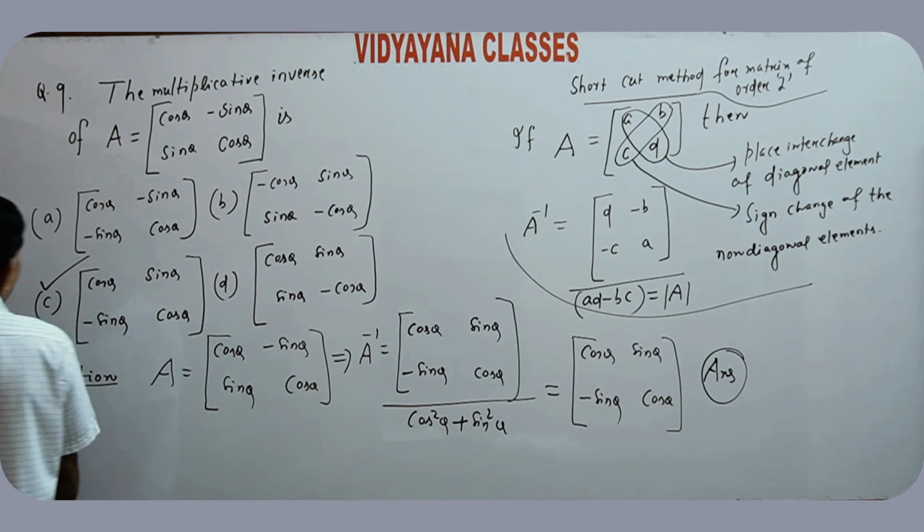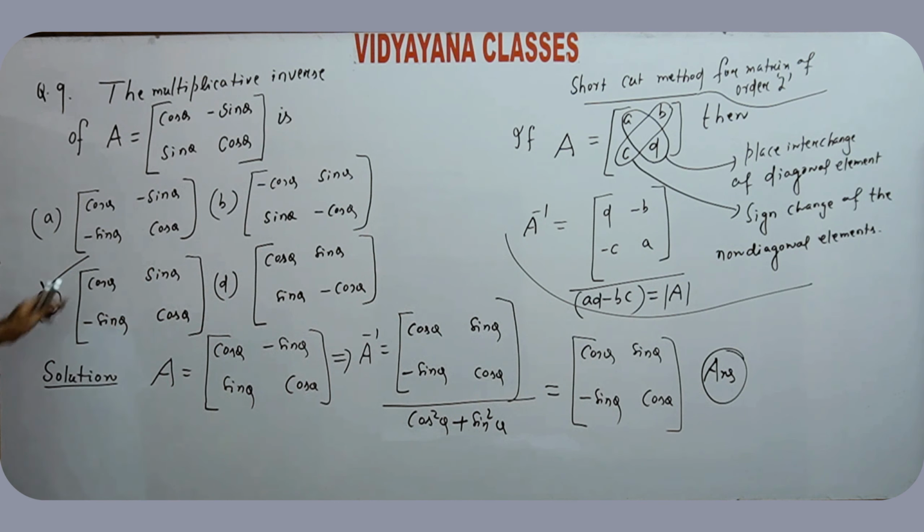So the correct option is C, the matrix having elements cos theta, sin theta, minus sin theta, cos theta. Clear? Okay. Note down.